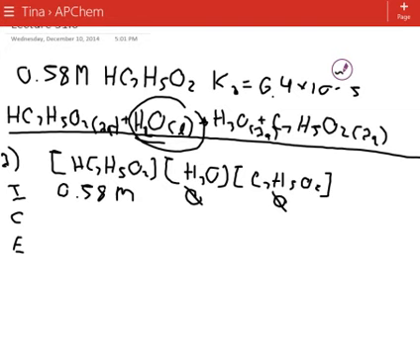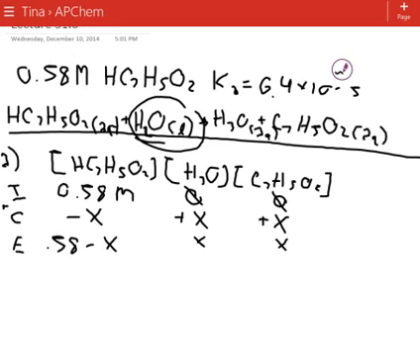So for the change, HC7H5O2 will be negative X, since the reactant is going to the product side to create the products, and H3O would be plus X, and C7H5O2 would be plus X. So for the ending, we would just add the initial and the change together. So it'll be 0.58 minus X, X, and X.